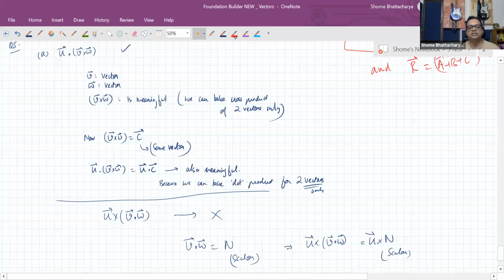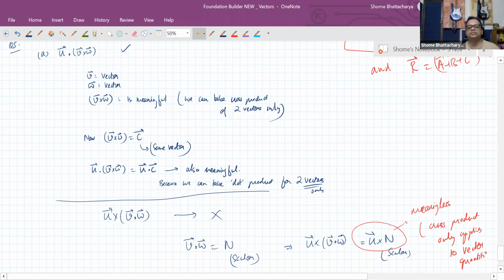So this doesn't make sense. This is meaningless, because cross product only applies to vector quantities. You cannot take the cross product of a scalar and a vector.